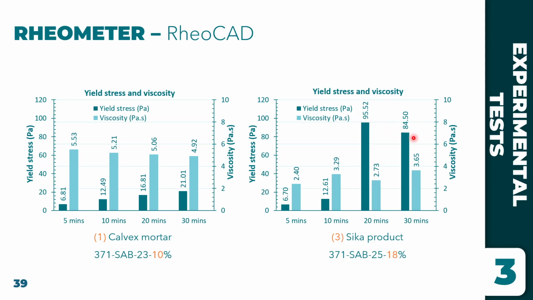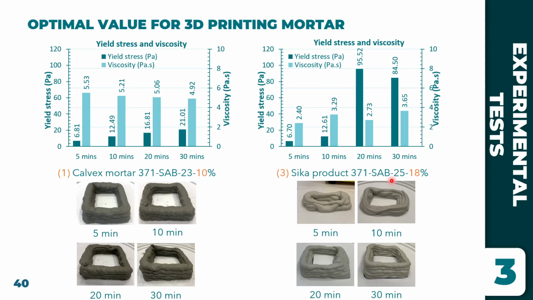It increases with time. After 20 and 30 minutes, the yield strength becomes very high, more than 80 pascal. That's not good for the printing process. And I have to combine 2 tests here to find the optimal value for 3D printing mortar.